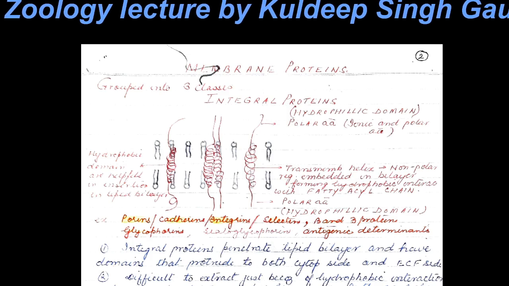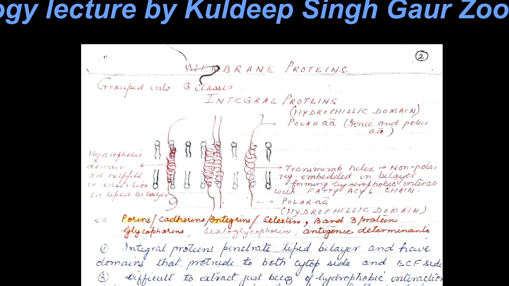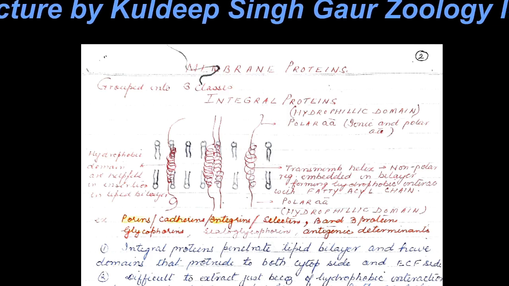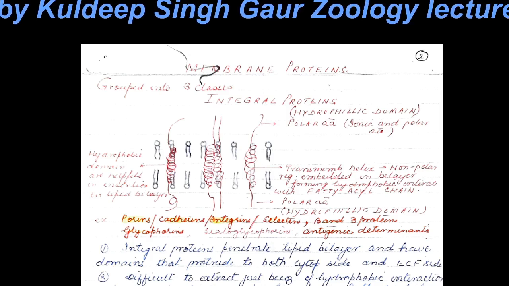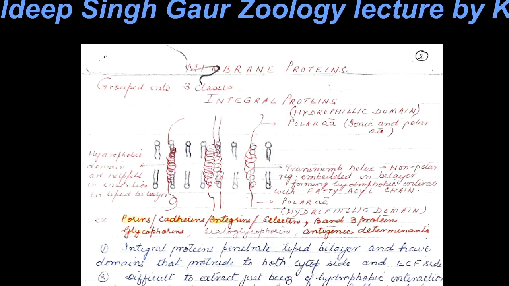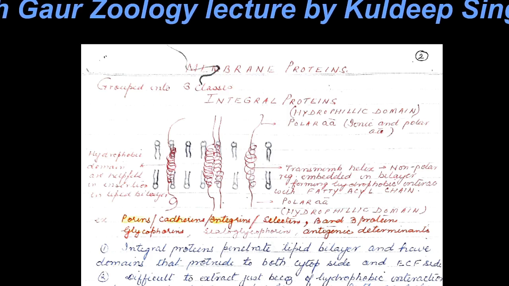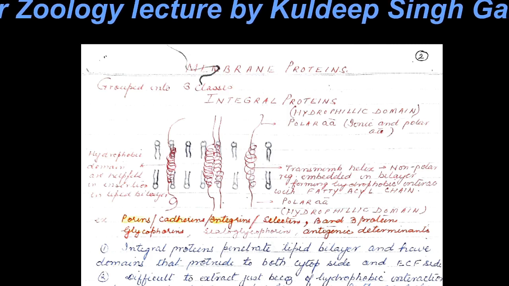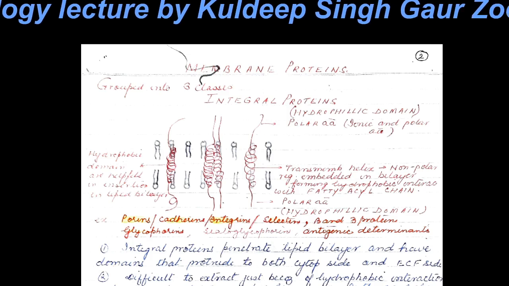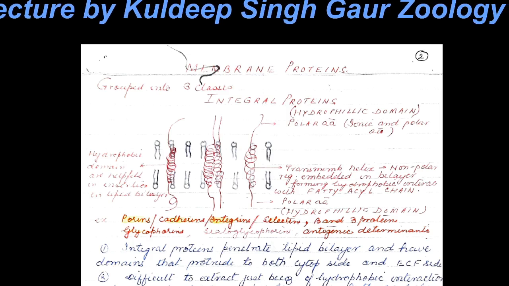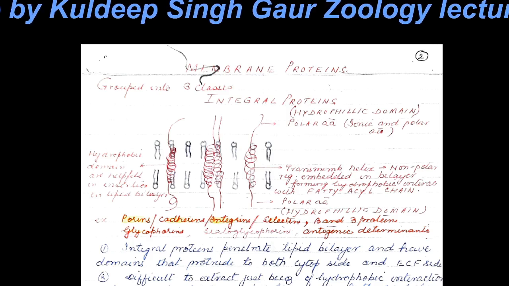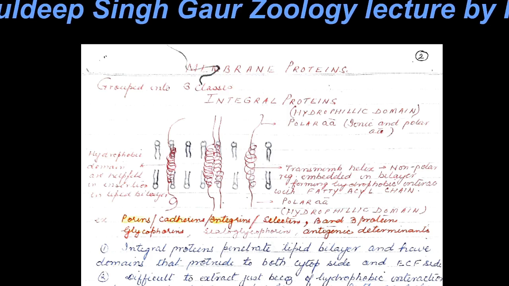Integral membrane proteins remain embedded in the lipid bilayer, whereas extrinsic membrane proteins lie outside, over the surface of the plasma membrane. The examples of integral proteins are porins, cadherins, integrins, selectins, band 3 proteins, and glycophorins.